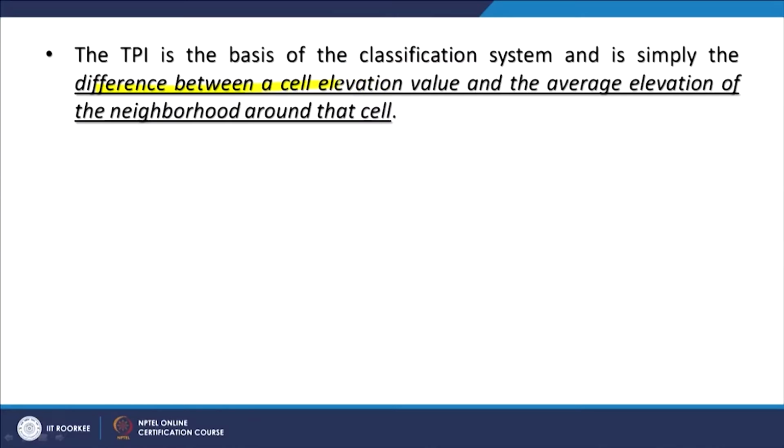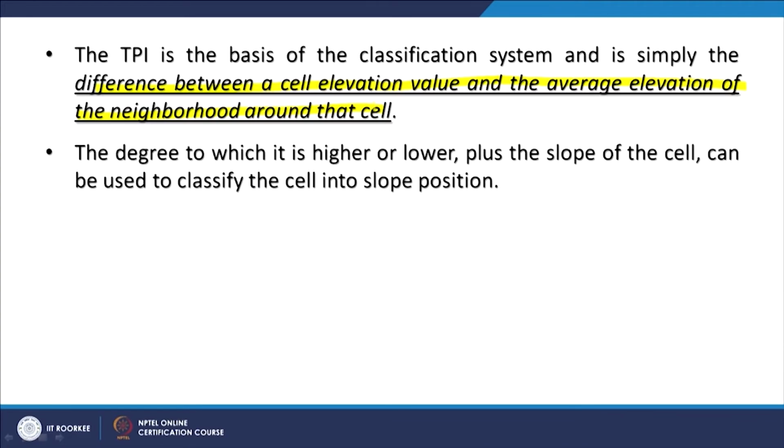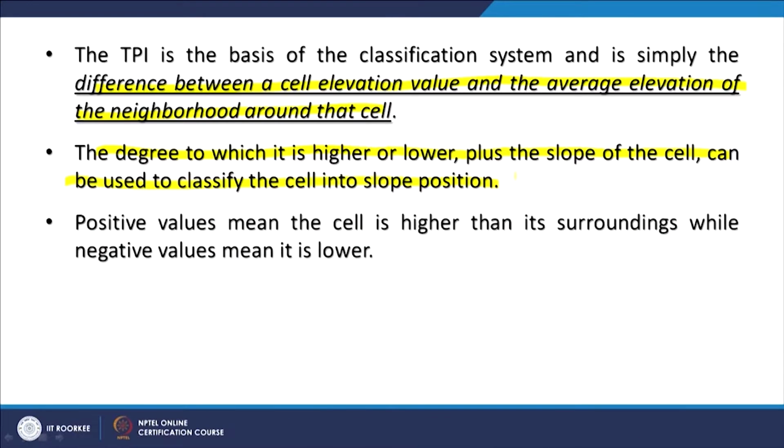Now the basis of the classification in case of TPI is simple, that is the difference between a cell elevation value and the average elevation of the neighborhood around that cell. That is why it is called an index. Basically it is calculating a ratio, and the degree to which it is higher or lower, plus the slope of the cell, can be used to classify the cell into a slope position.